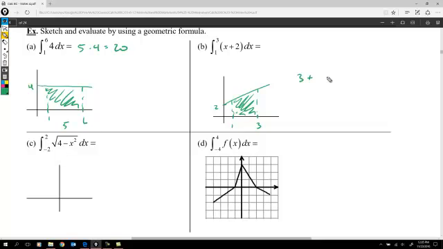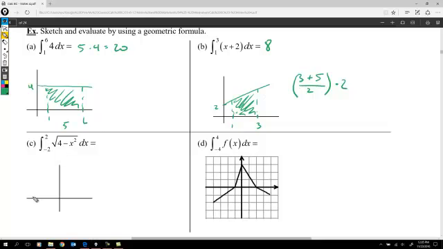My next base is 5. I'm getting these heights just by plugging my x values into my function. Okay, I'm going to average these and then multiply by my height, or in this case, my base length, which is 2. So I end up getting 8 for my area. All right, so that's just the area of a trapezoid.